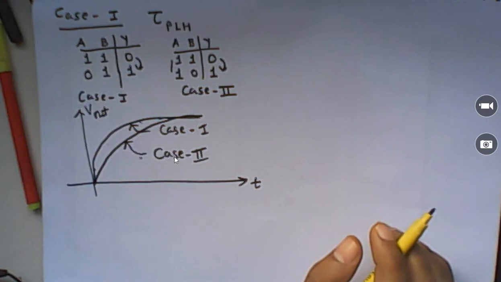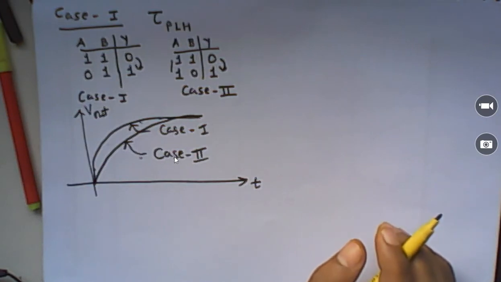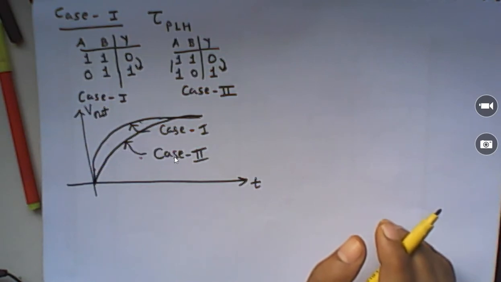So in our two input NAND gate, we have connected MOSFET A near to the output and MOSFET B near to ground, below. So the propagation delay time from MOSFET A input to the output is the lowest, and the propagation delay time from MOSFET B input to the output is larger.